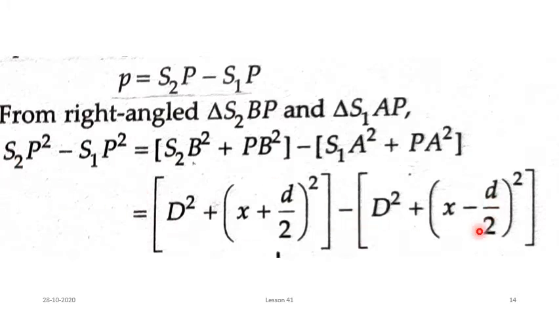Now I can simplify this term. Here, for S2P square minus S1P square, I can use the formula a square minus b square equals (a minus b)(a plus b). So this can be written as (S2P plus S1P)(S2P minus S1P). And on simplifying the right side, you will get twice of xd.